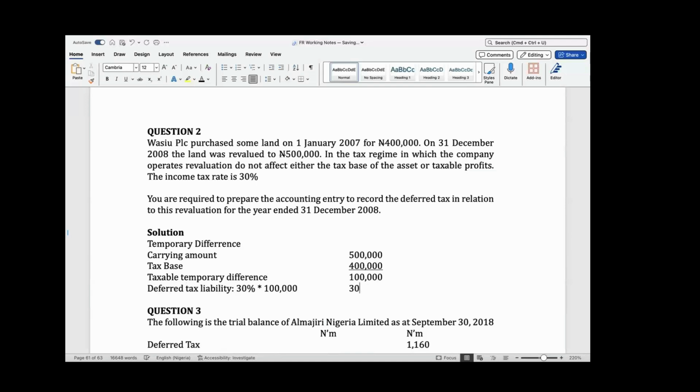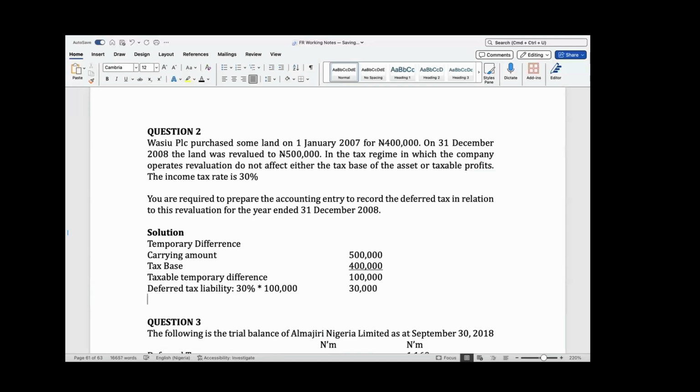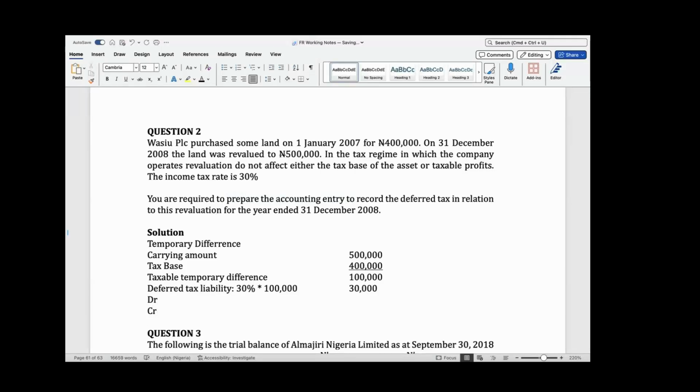And that will give us 30,000. Now, who can tell me this 30,000? The question asks that you should prepare an accounting entry. When you see a question like this, the question is expecting you to do a debit and a credit. If they say accounting entry, you have to do debit and credit. So who can tell me the debit and credit for this?